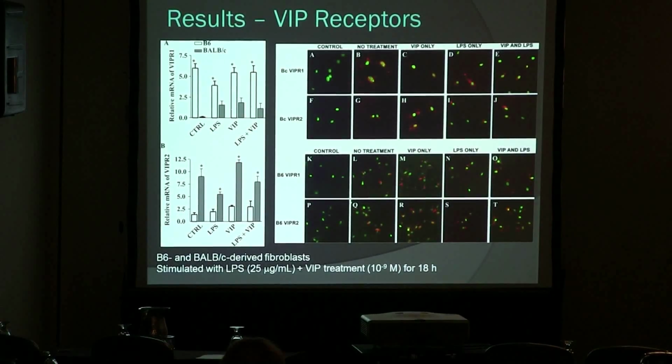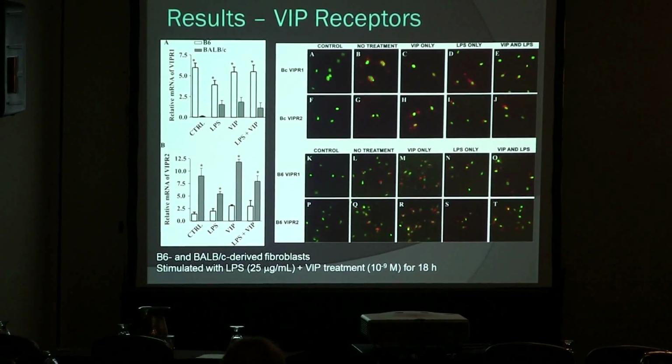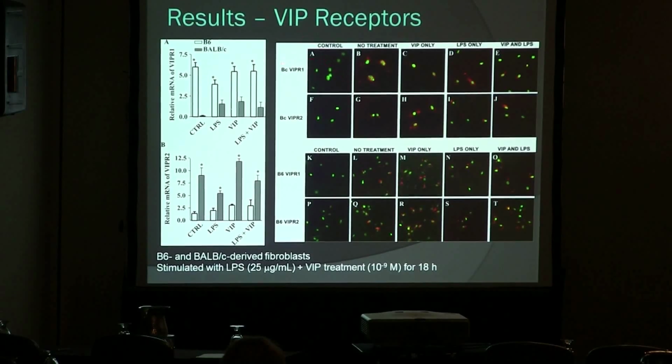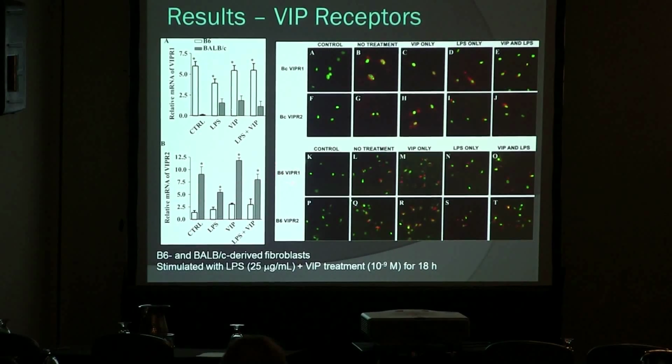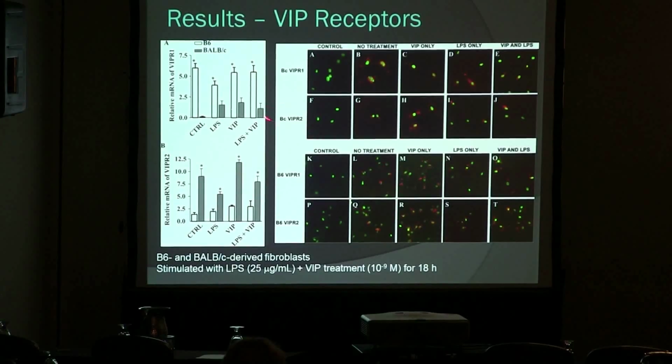And then the take-home message with this slide is we're localizing VIP-R1 in BALB/c and B6-derived fibroblasts as well as VIP-R2. And what we found was that VIP-R1 was not localized, but rather detected throughout the cell body of fibroblasts under normal conditions, when they were exposed to VIP only, LPS only, or a combination of VIP and LPS.